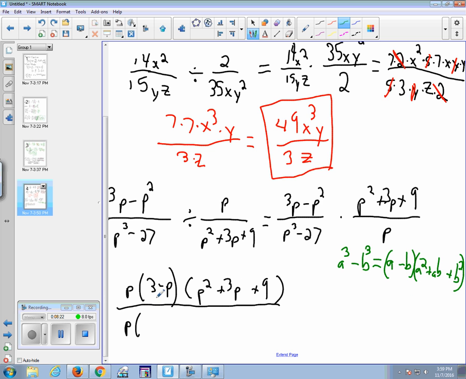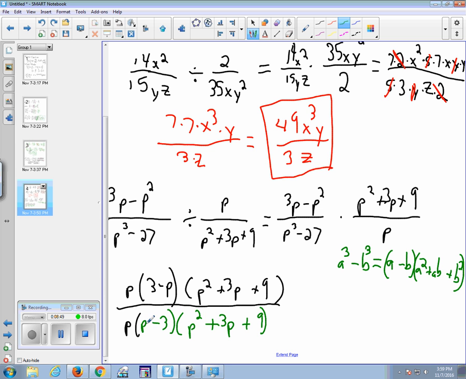So here's my factoring. P cubed minus 27. There's p minus 3. And p squared. This is minus, this is going to be plus 3p. This is minus, this is going to be plus 3 squared, which is 9.